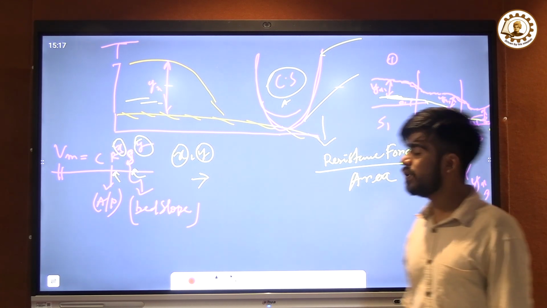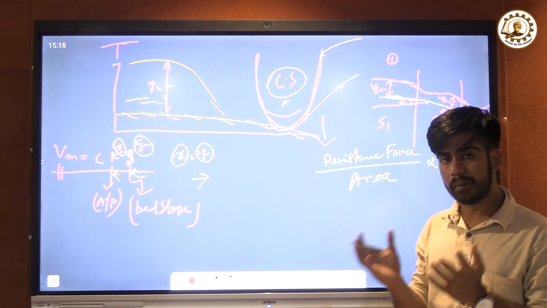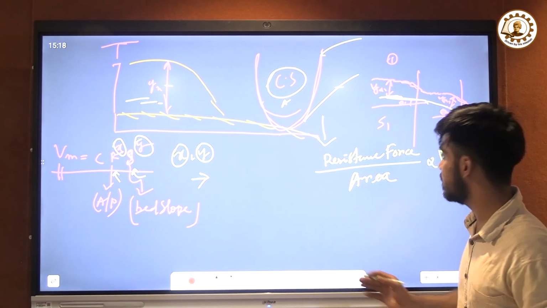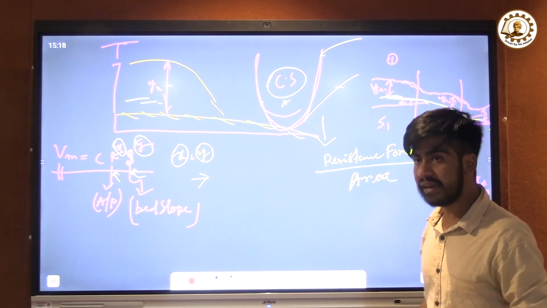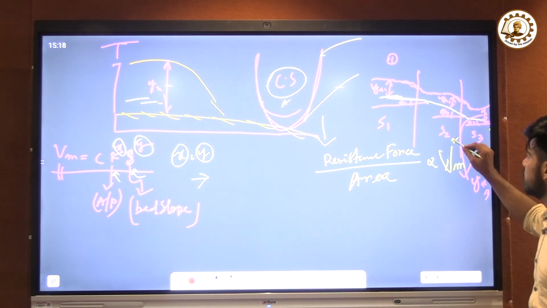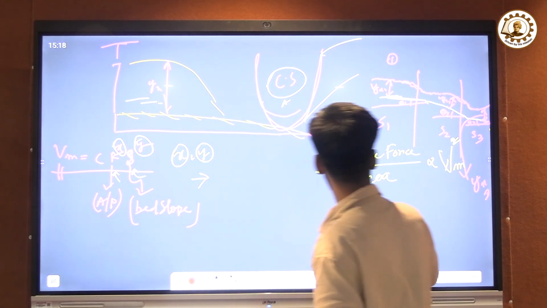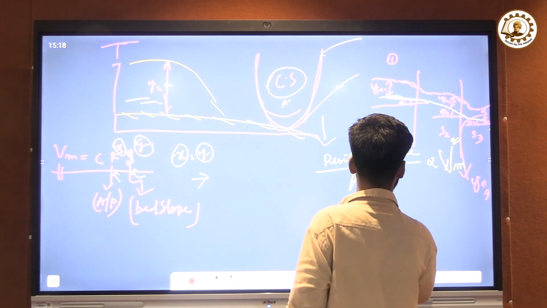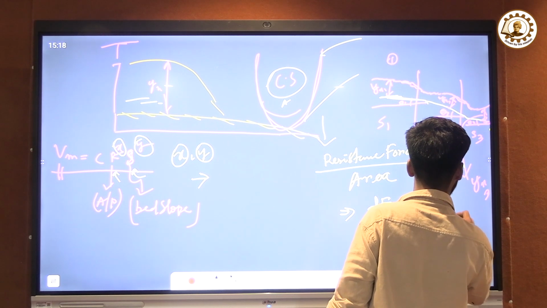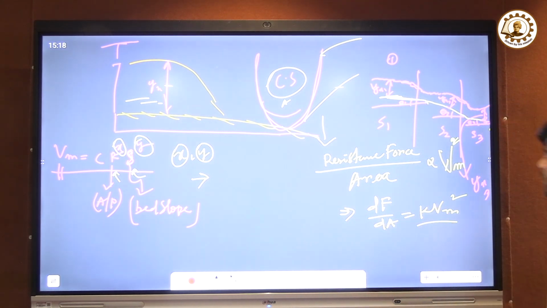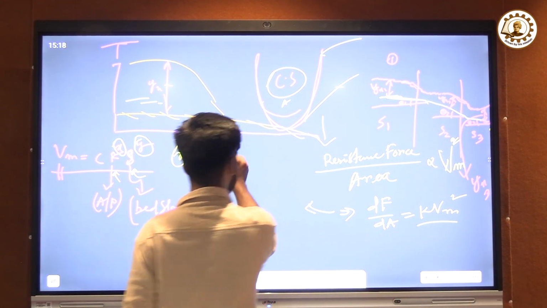Chezy says, I repeat again, the total resistance force generated by the bed surface area and the side surface area of the channel per unit area is proportional to the mean velocity squared. Now you can write dF by dA equal to k Vm square. This is for unit area.